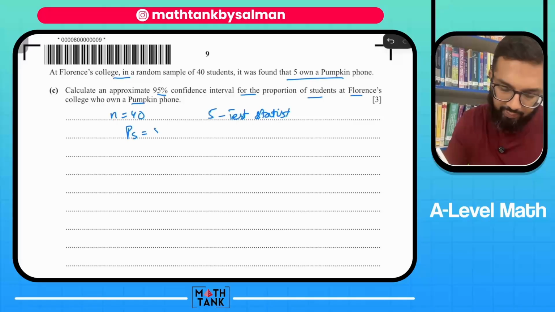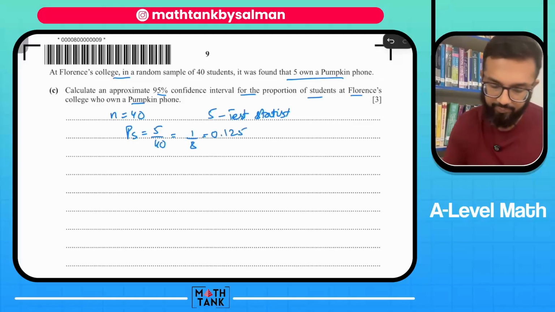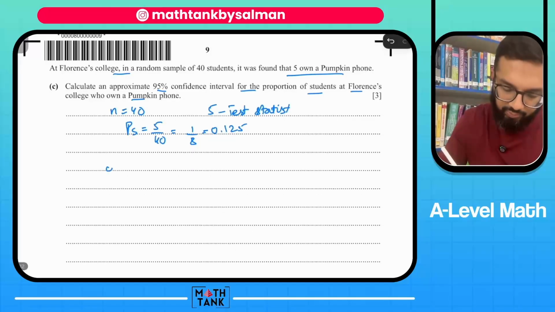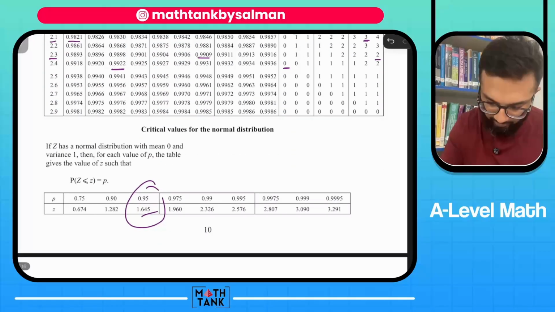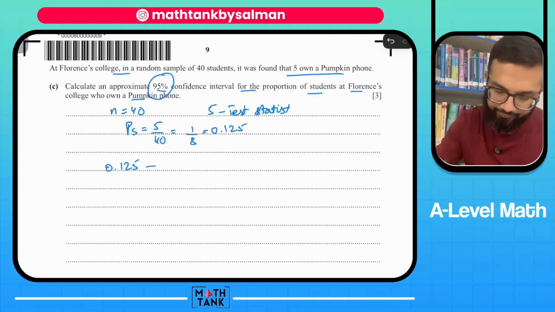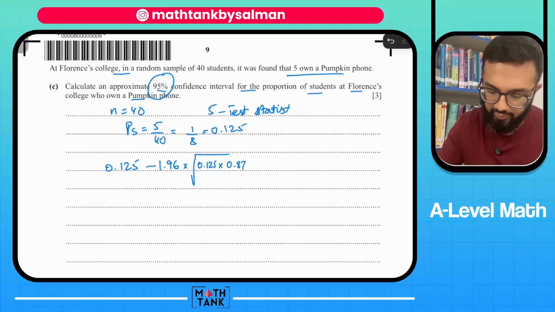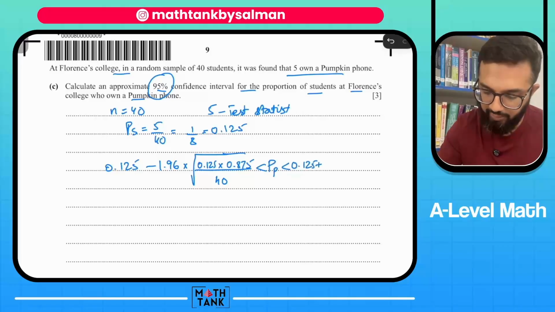So PS is 5 out of 40, which is 1 over 8, 0.125. For the confidence interval, 95% means I want to take 97.5 from here, 1.96. So minus 1.96 times the square root of PS QS over N for this side, and 0.125 plus 1.96 for the other. I run out of space now.